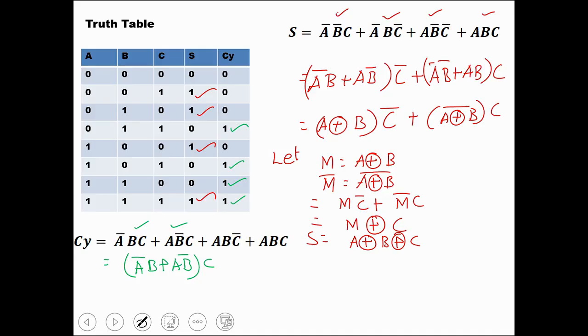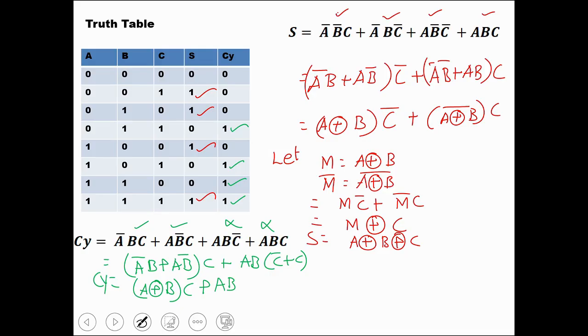In the last two terms, we are getting A B common, so C bar plus C. We know that C bar plus C is 1 and A bar B plus A B bar is again an XOR gate. So we can write it as A XOR B into C plus AB. So this is the expression for the carry.